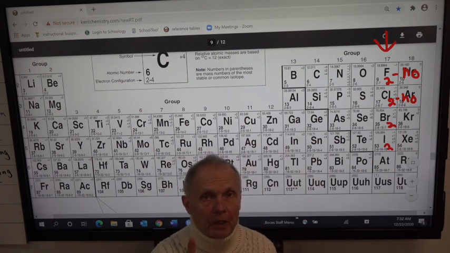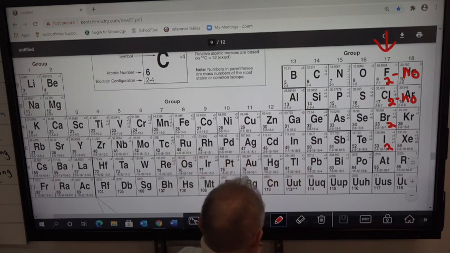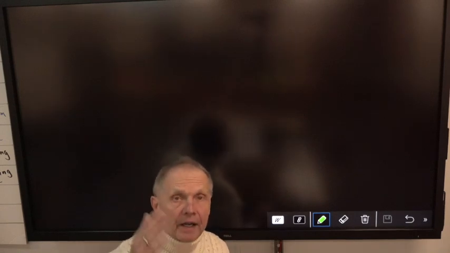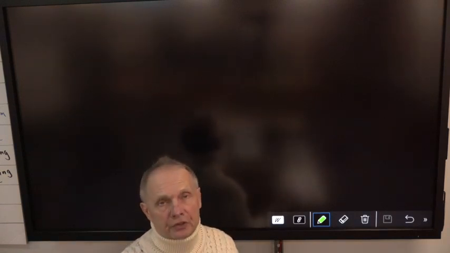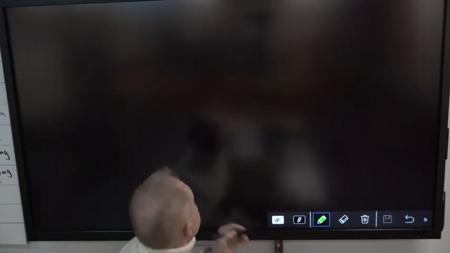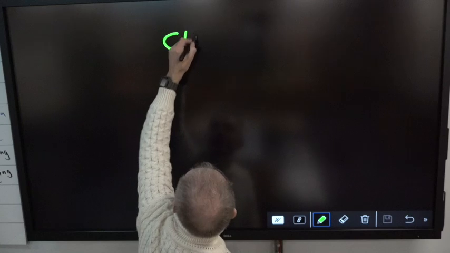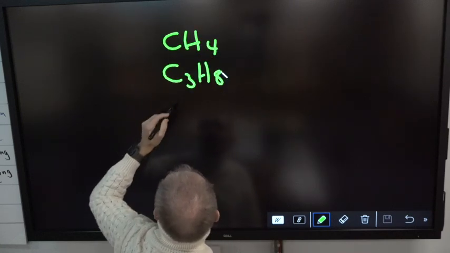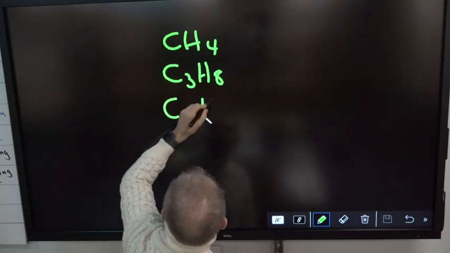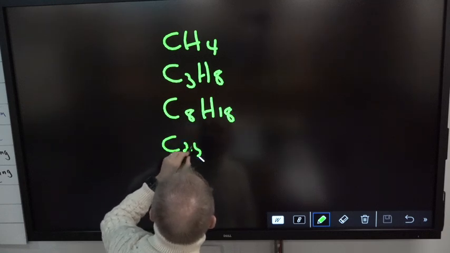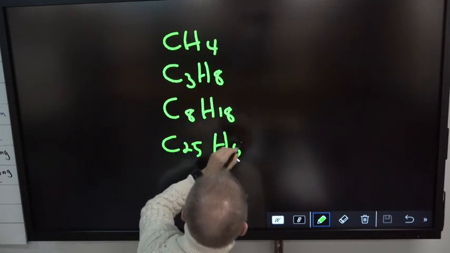So I'm going to show you one more thing about van der Waals. So going down any group, van der Waals force increases due to the size and the number of electrons. If you had four substances, something like this, CH4, C3H8, C8H18, C25H52.